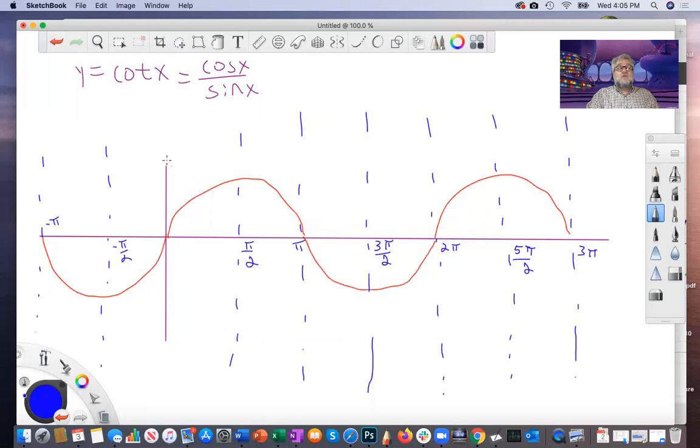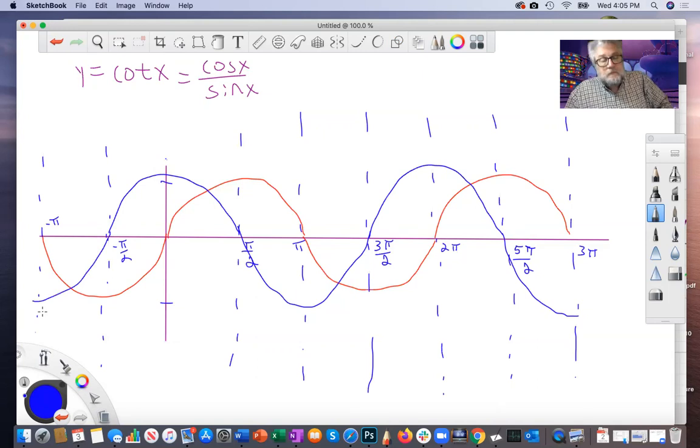And so I've got to draw cosine. So cosine will go like this, from there to there, to there. Always got to do these carefully because it's really easy to screw up cosine.